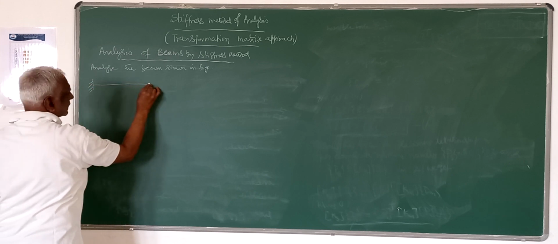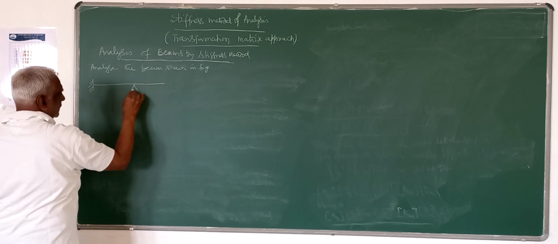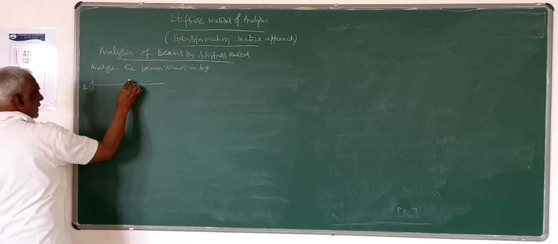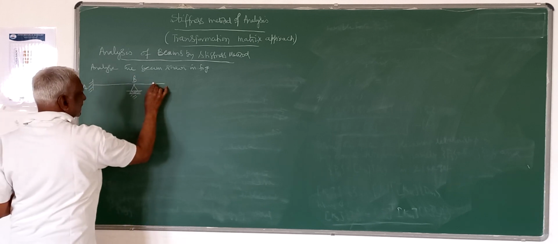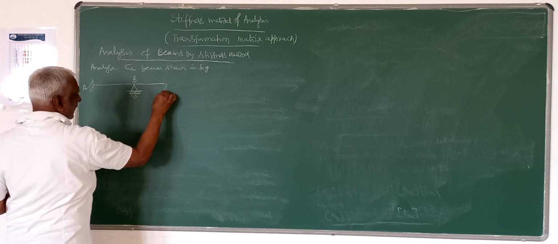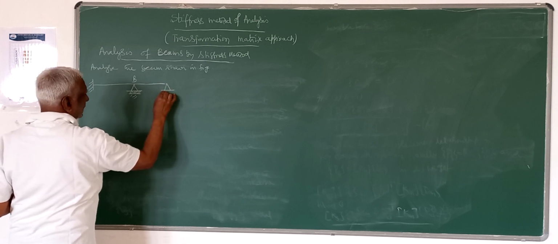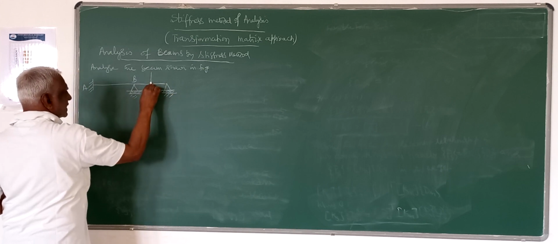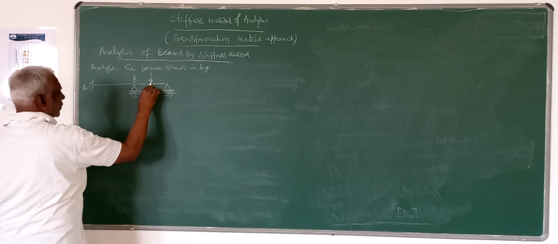So the beam ABC, continuous beam ABC, which is fixed at end A and supported at B and C by knife supports.